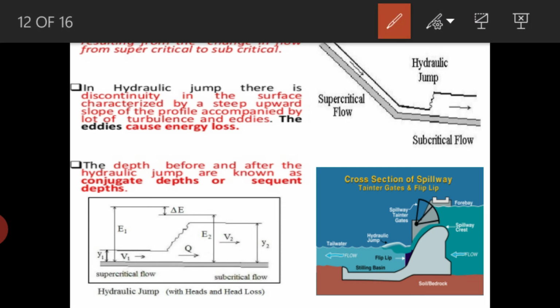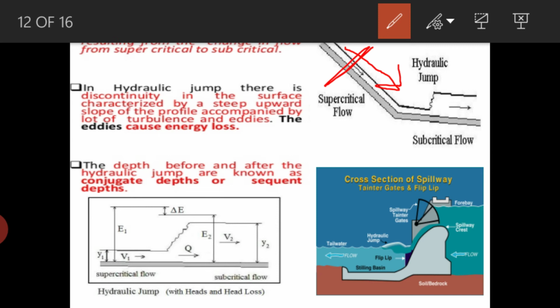If you take this steep slope, where the depth of flow is very less, below critical, then it shoots, the velocity is very high, hence it possesses a huge kinetic energy.